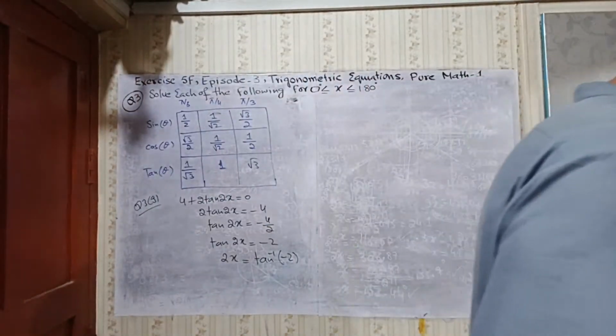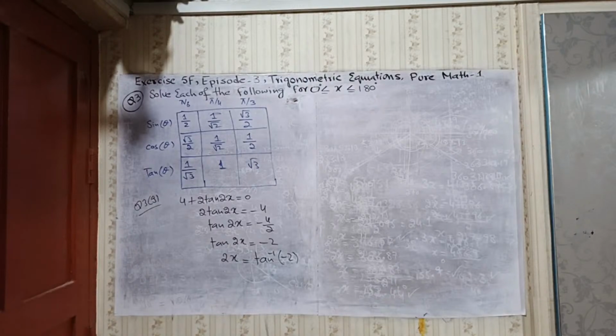Okay. 4 plus 2 tan 2x equals 0. This is the equation they gave us. They want us to solve it, and we are trying to solve it. Now I will use my calculator.